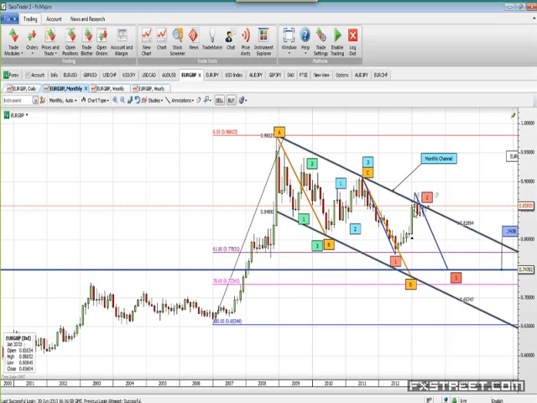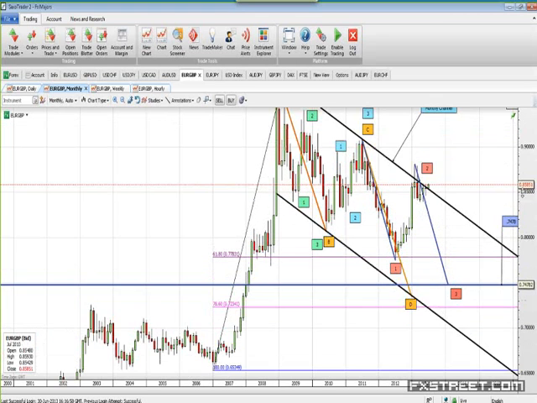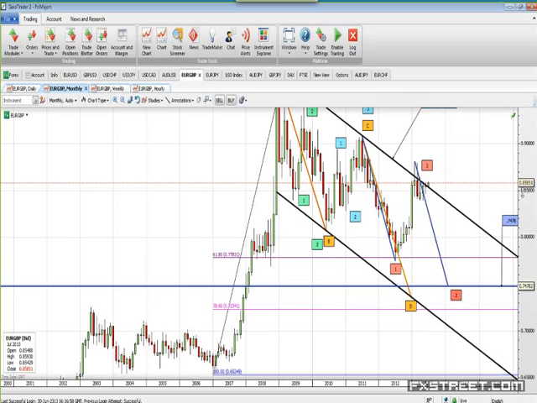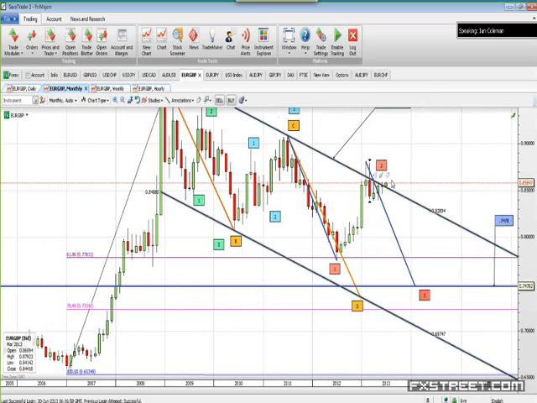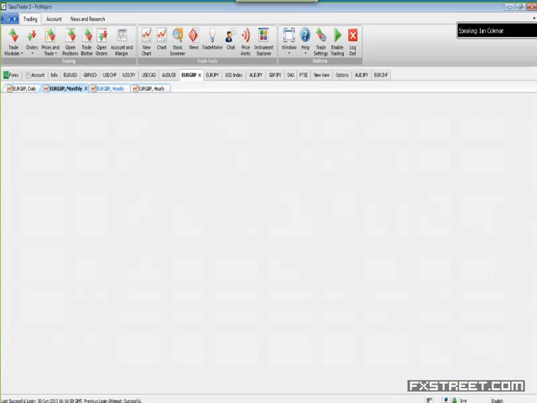We had a decent outside bar here. We've not managed to break above the high of that, or the open of that month's candle. And I think as long as that level holds, which is 86.09, then the bias is still going to be to the downside.